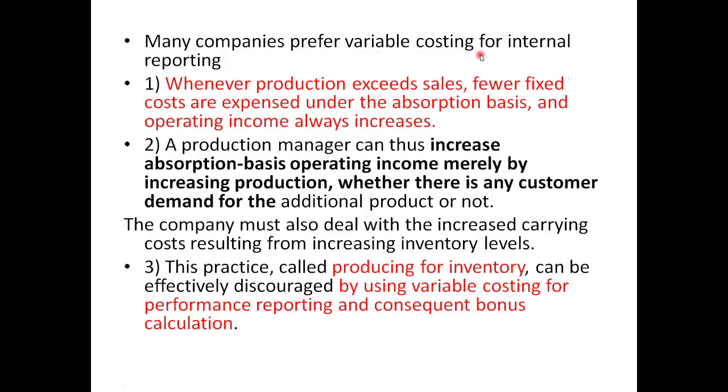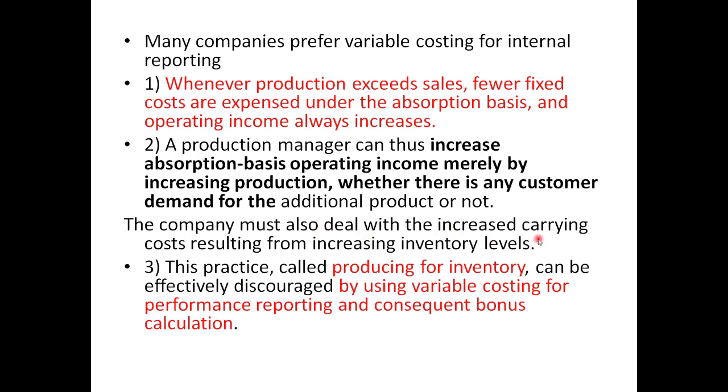Many companies prefer variable costing for internal reporting. Why? As we have explained, a production manager can increase absorption-based operating income by increasing production, whether there is any customer demand for the additional product or not.